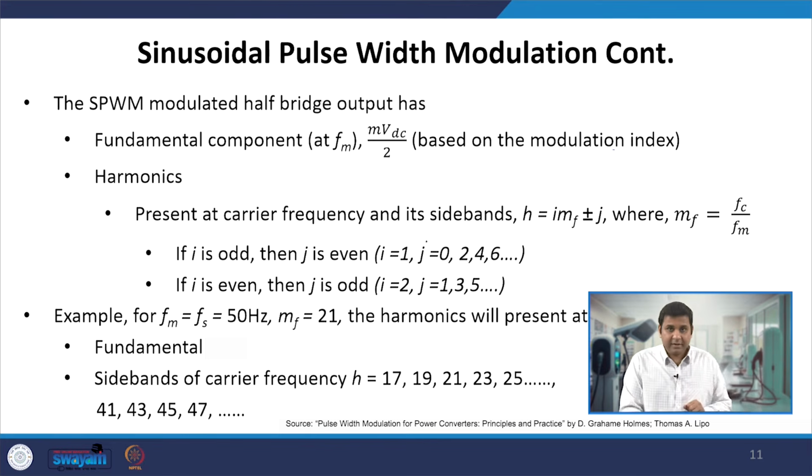and its sideband, which is given by I MF plus minus J, where MF is nothing but the ratio of FC by FM, where FC is the carrier frequency and FM is the modulating wave frequency or modulating signal frequency.